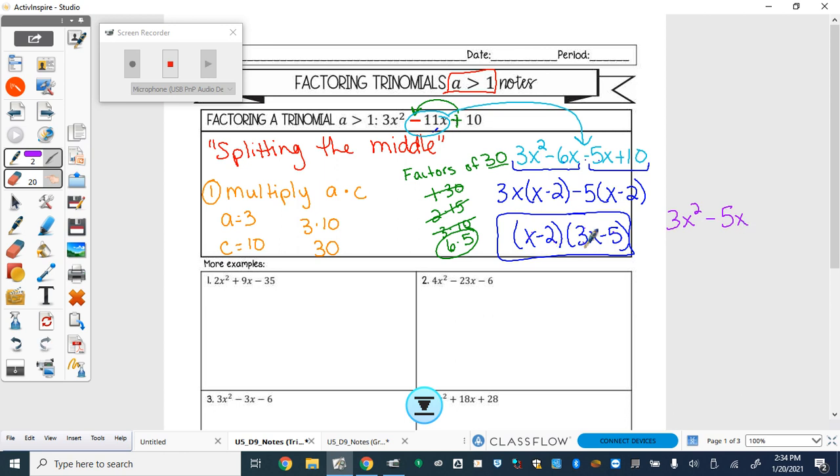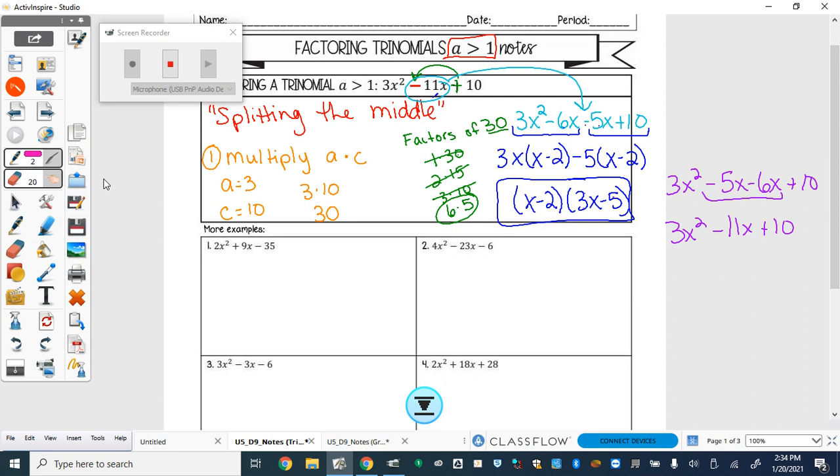Negative 2 times 3x would give me negative 6x, and then negative 2 times negative 5 is positive 10. Adding your middle term, that's where our 11 comes from. So there's our original trinomial that we started with. So we're going to take that middle term, split it apart, and then do your factor by grouping.